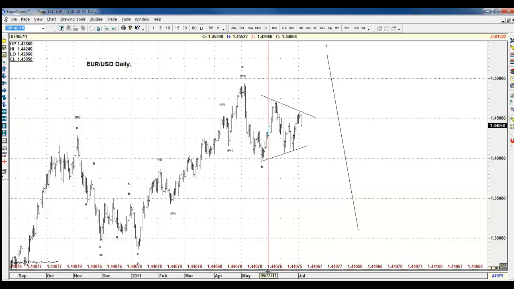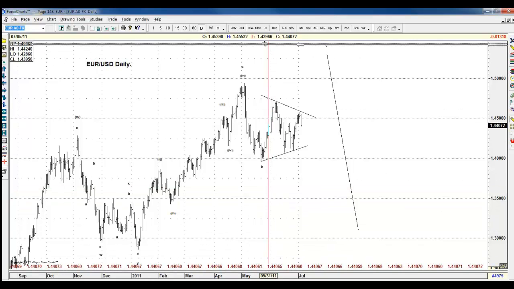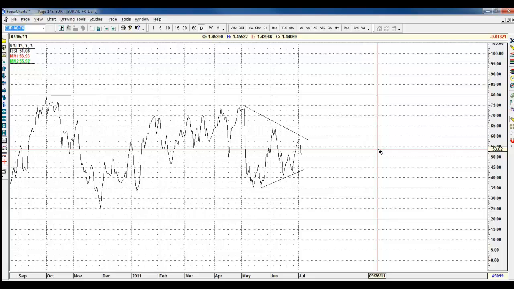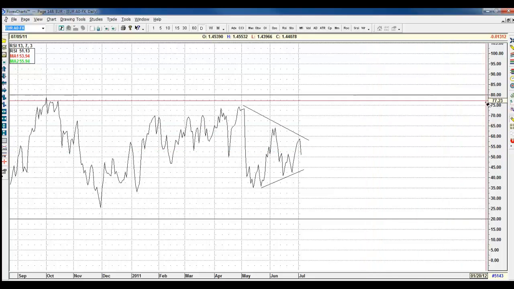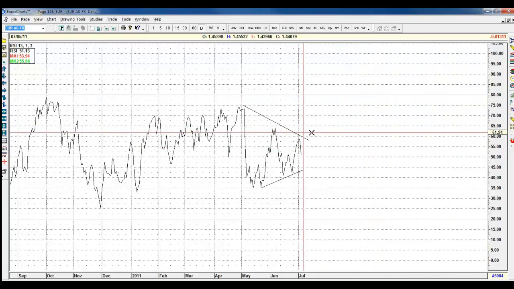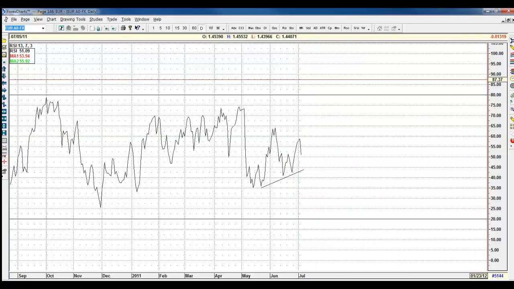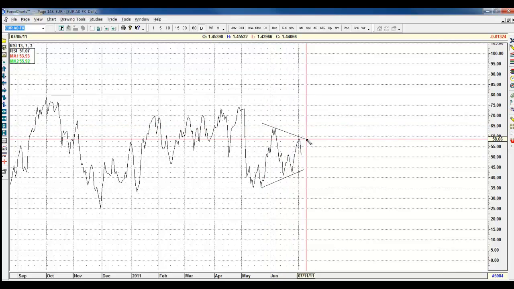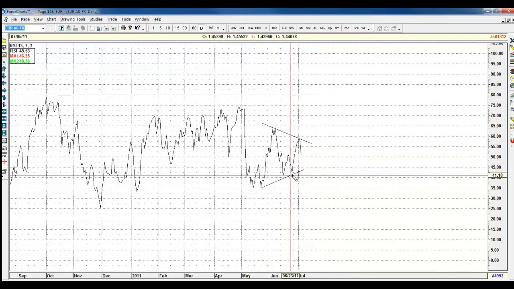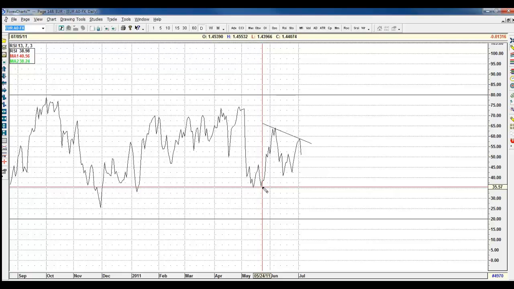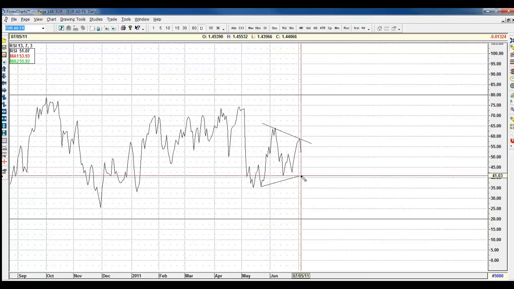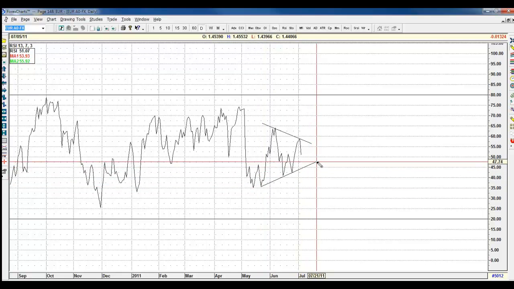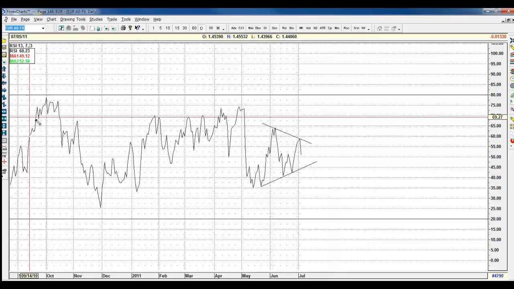Let's move on to the RSI, and this is what we have on the RSI. If you guys notice, we got the trend line right here. This is the daily RSI. We have the RSI here on the daily, and we have the trend line from the lows on the RSI.